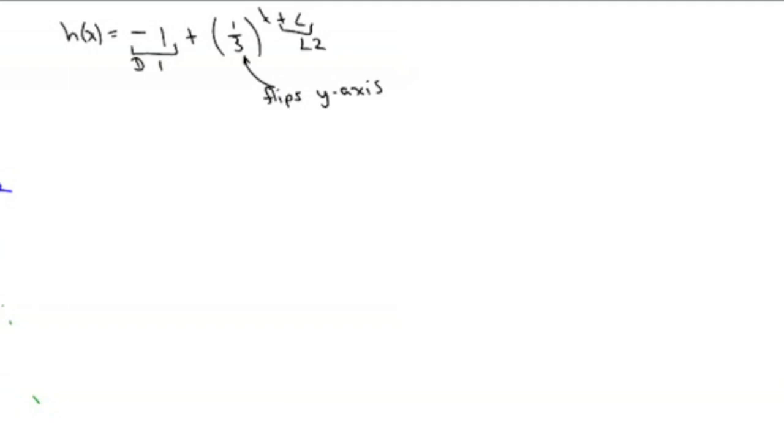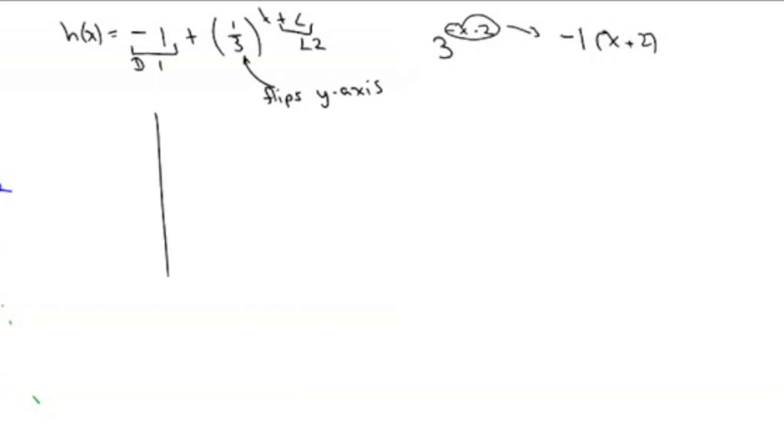Now, if you rewrote it, it would have been 3 raised to the negative x minus 2, and that gets very confusing. If the negative is up here, take this piece off to the side and write it as negative 1 times x plus 2. It's still moving 2 to the right, and this negative 1 tells you you're flipping it over the y-axis. So this is one case where the 1/3 comes in handier than the negative exponent.